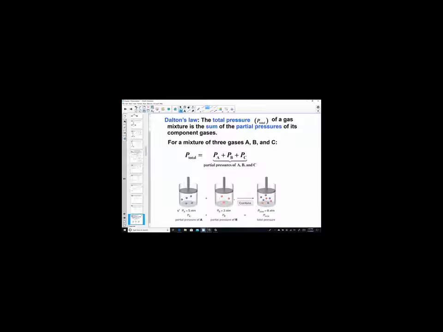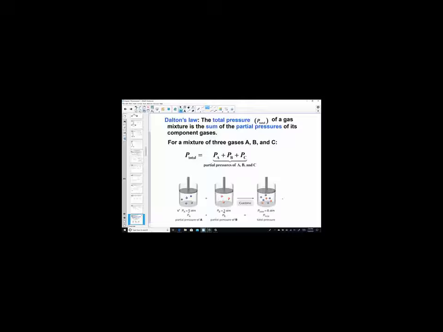And in a separate container of equal size, I have a red molecule that's exerting a pressure of 3 atmospheres. Notice that it's just matching the number of particles. 5 particles gives me 5 atmospheres of pressure. 3 particles gave me 3 atmospheres of pressure independently in separate containers.